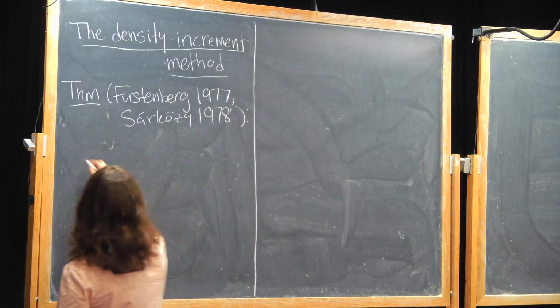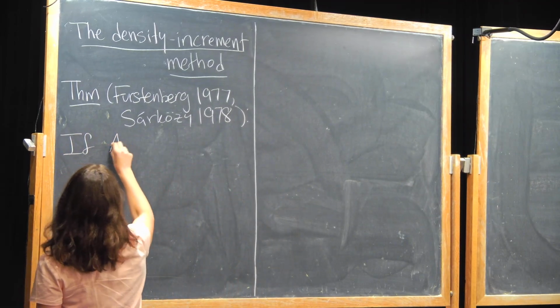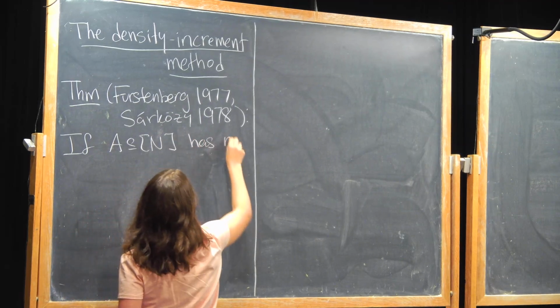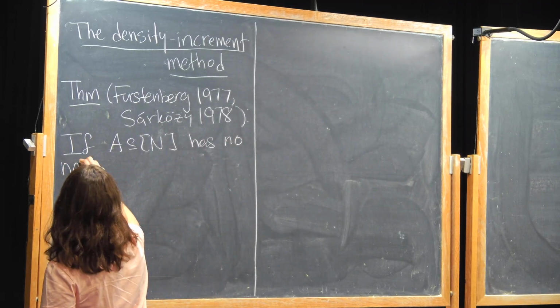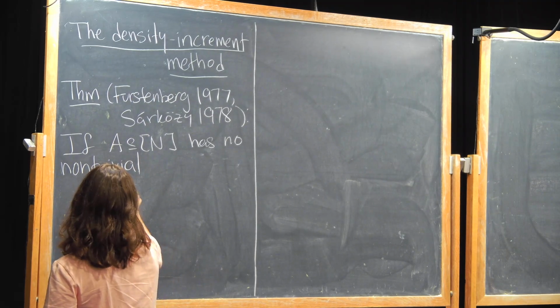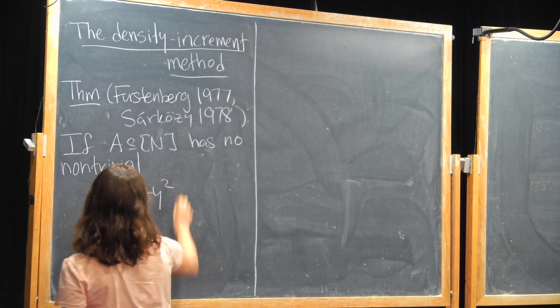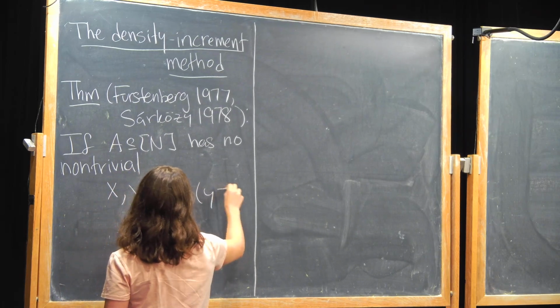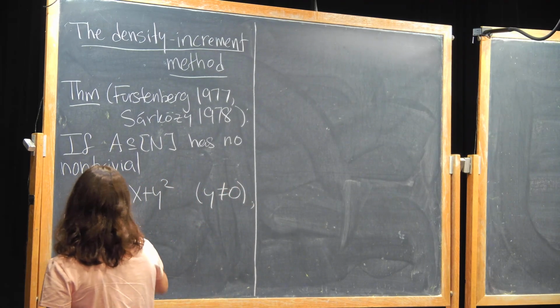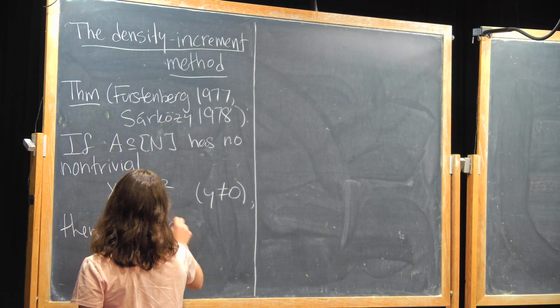Okay, so this theorem states that if A is a subset of the first n integers and it has no non-trivial two-term arithmetic progressions x, x plus y squared, so non-trivial, y can't be 0, then the size of A is little o of n.